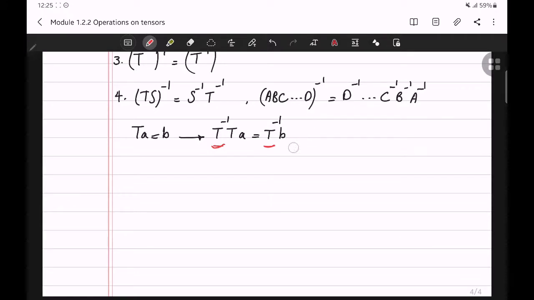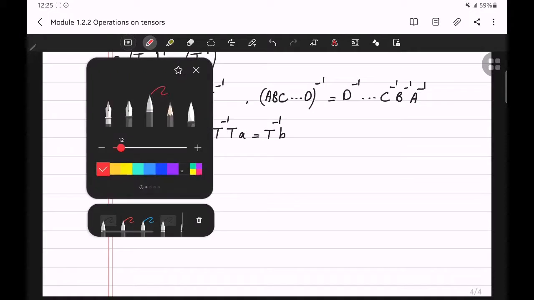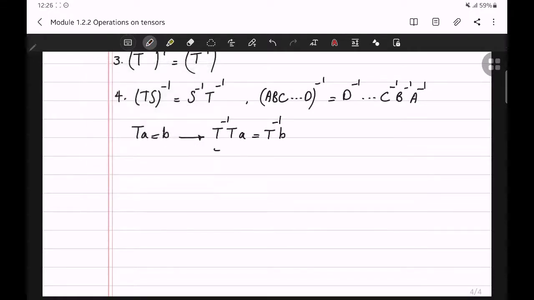This is not allowed due to dimension problems in multiplication. So this becomes IA, which is the same as A. So A is equal to T inverse B.